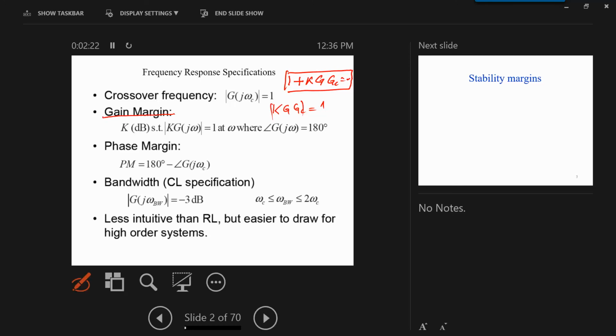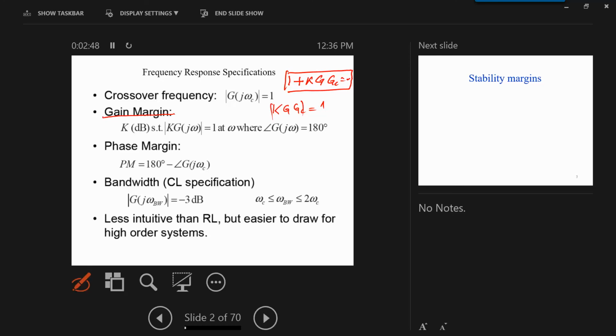The second thing that we defined is the gain margin. Here the gain margin is defined as the K such that the amplitude of K G Gc equals 1. K times G times Gc equals 1.